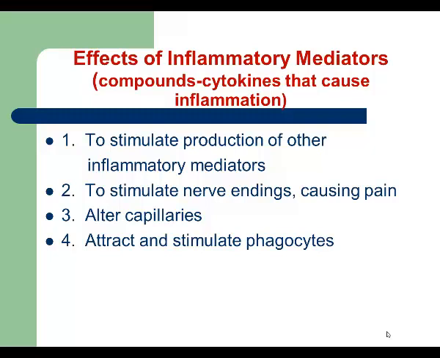Why do we develop pain? Because inflammatory mediators stimulate or irritate nerve endings at the site of infection. And finally, heat, the last symptom of inflammation. We develop heat because, once again, inflammatory mediators will dilate blood vessels and increase blood flow at the site of infection.